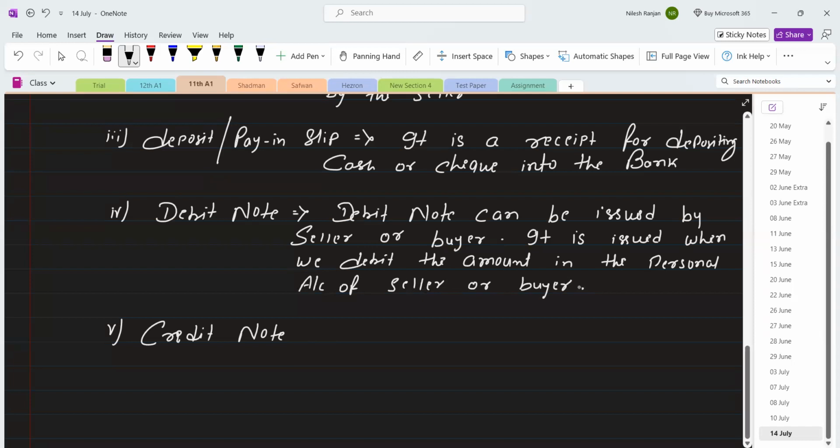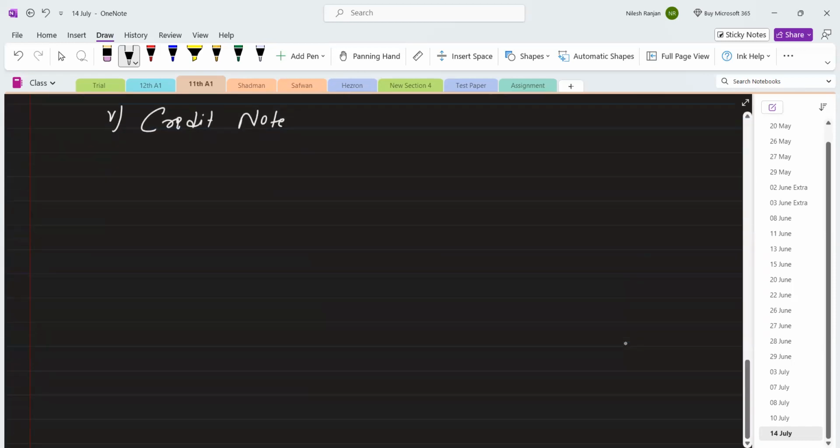Now, what does it mean? It means that we have reduced the amount payable to someone, or we have increased the amount receivable from someone. Means we are debiting the amount.